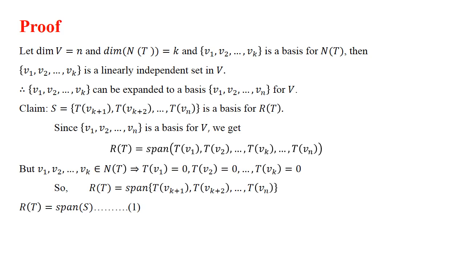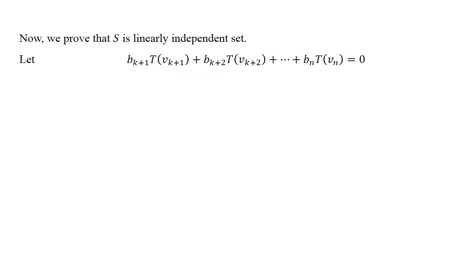But v1, v2, etc., vk belong to the null space of T. Since they belong to the null space, the transformation of the first k vectors will be mapped to 0, so these can be removed, and the images of the remaining vectors vk+1, vk+2, etc., will span R(T). So the span of S is R(T). We take that as 1. Now we shall prove that S is a linearly independent set.